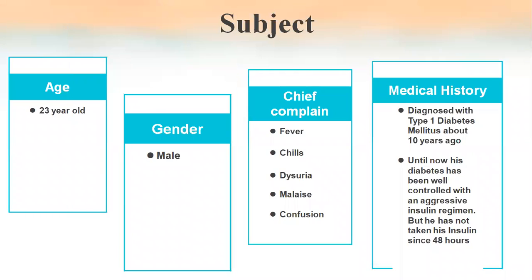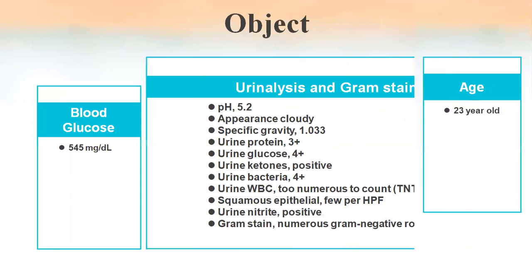Subject: age 23-year-old, gender male, chief complaints fever, chills, dysuria, malaise, confusion. Medical history: the patient was diagnosed with type 1 diabetes mellitus about 10 years ago. Until now, his diabetes has been well controlled with an aggressive insulin regimen, but he has not taken his insulin for 48 hours.